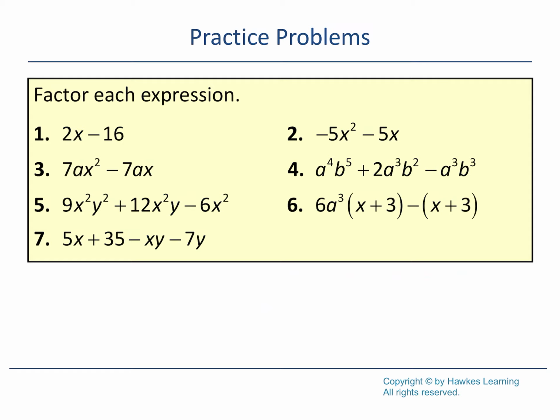All right, these are the practice problems. Pause the video and try factoring these 7 problems. The first 4 are just factoring out the greatest common factor, and then the last 3 are actually doing it by grouping. And now actually, that's not true either. 6 is also factoring by grouping.